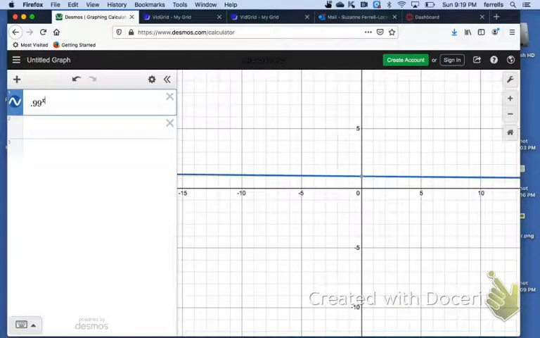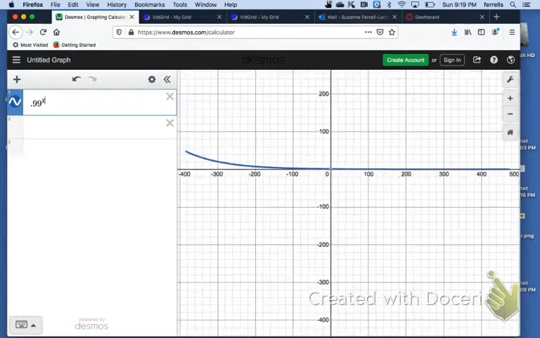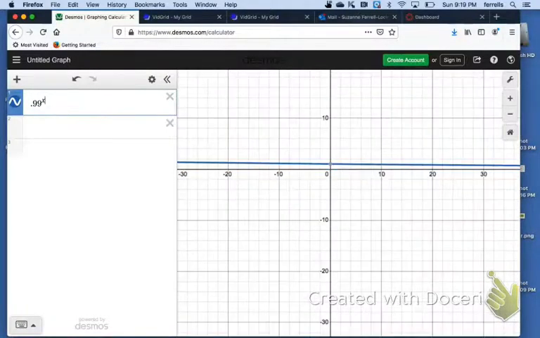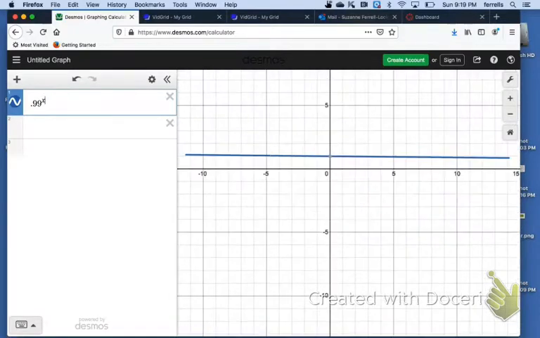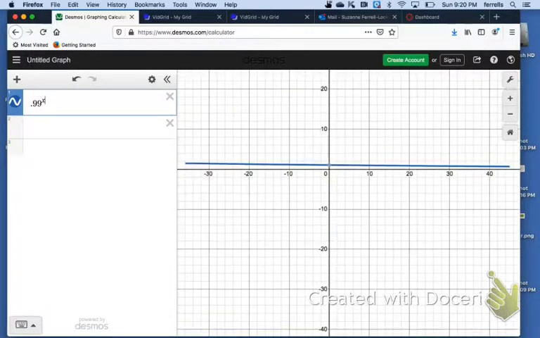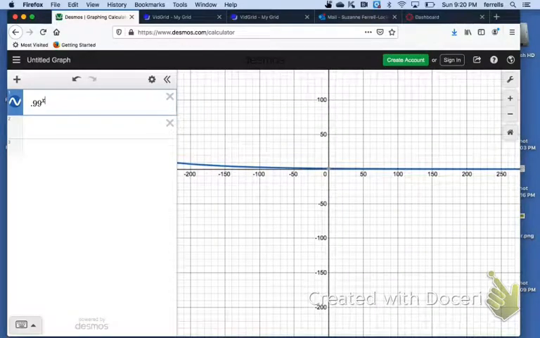If I zoom out here, we're going to see that I do get that same shape. This one is decreasing. If I zoom back in, we can see that it does still go through that (0, 1), and it still has a horizontal asymptote at y equals 0.